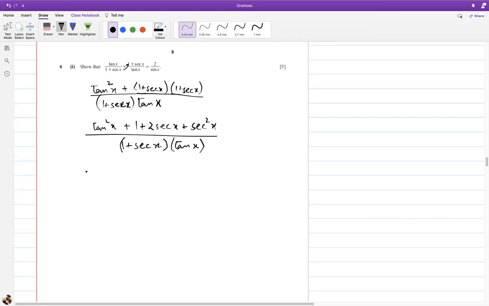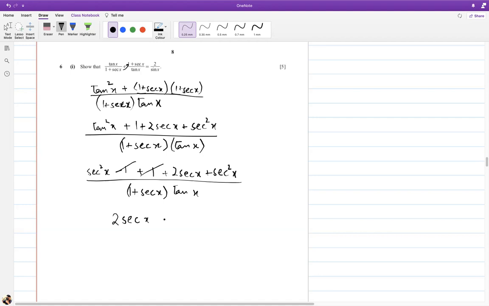So I'll just do that. So secant square x minus 1 plus 1 plus 2 secant x plus secant squared x over 1 plus secant x tan x. So this cancels out. I'm left with 2 secant x plus 2 secant squared x over 1 plus secant x tan x.